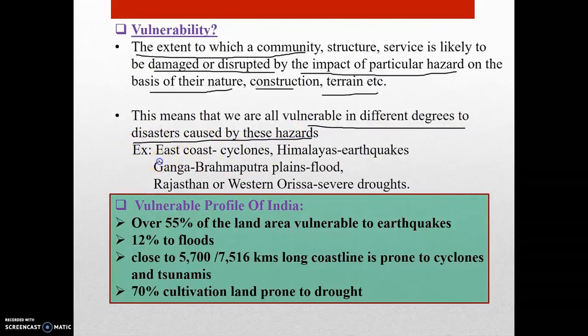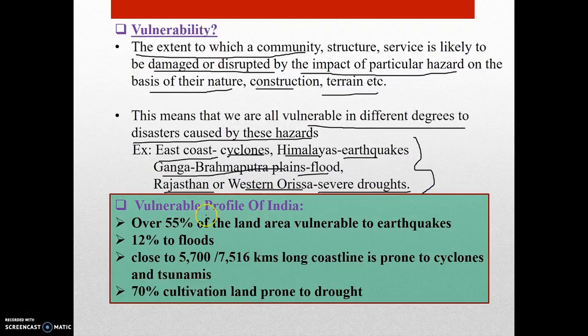For example, cyclones on the East Coast, earthquakes in the Himalayas, floods in the Ganga and Brahmaputra plains, and severe droughts in Rajasthan or Western Orissa occur naturally.